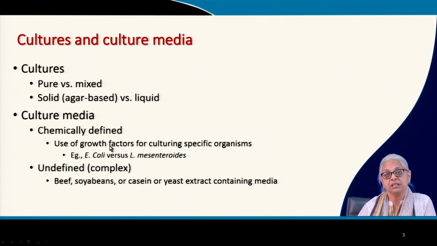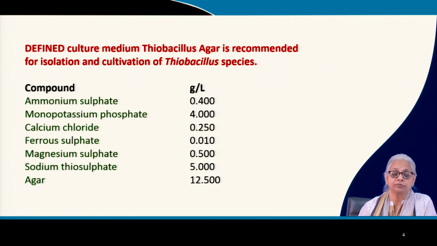Growth factors, we have seen, are micronutrients and vitamins that are required for culturing specific organisms. There is another method which I'm not going to go into, but you can also add certain inhibitor compounds which will inhibit the growth of all other organisms except the one that you're trying to culture. That is also possible, and we're not going to go into any detail, but I'll show you examples of a chemically defined culture media.